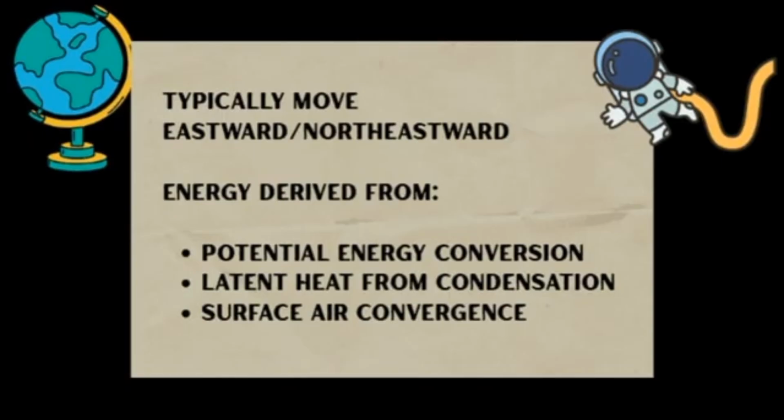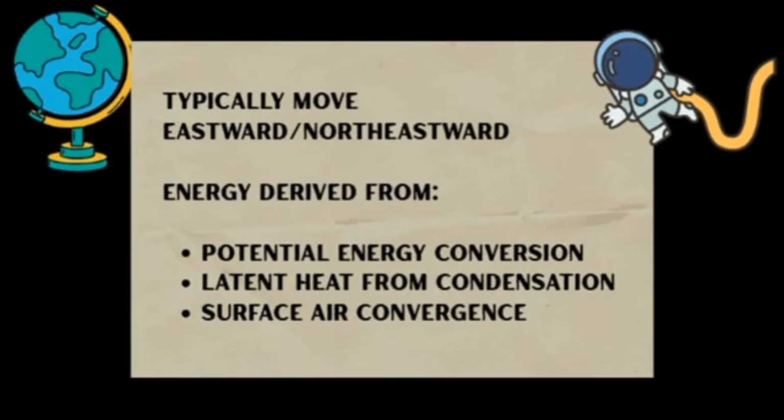And then lastly, we have the surface air convergence. It means that convergence happens when air from different directions comes together at the surface. So this air has nowhere to go but up, and that upward motion is crucial to storm formation. How it works: warm, moist air converges, which is, it comes together at the surface.